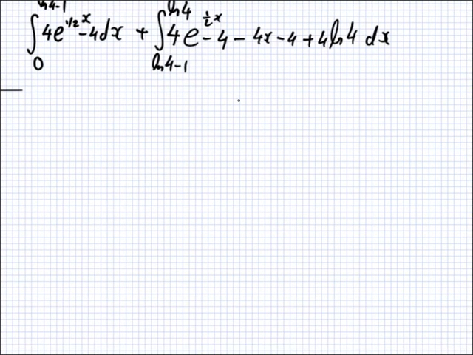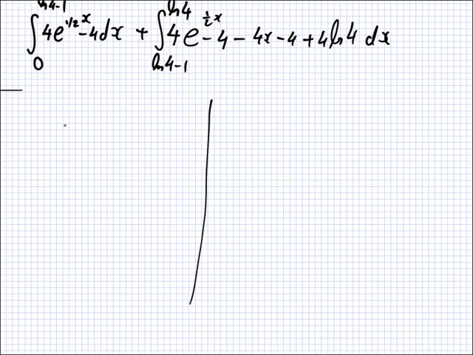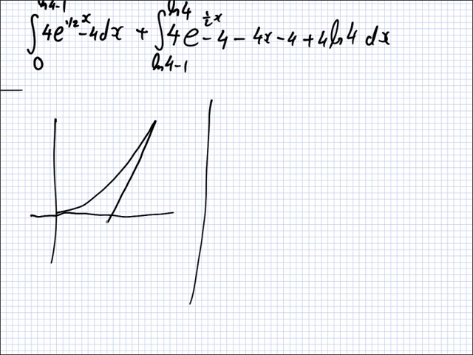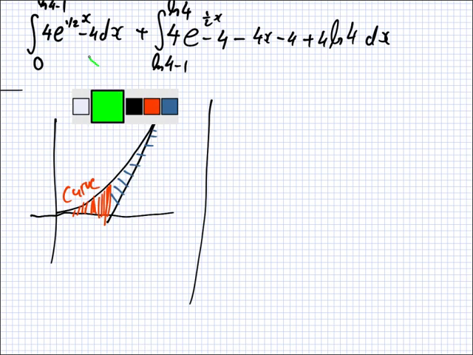Can everybody look up? I just want to be clear, there's two ways to think about this. You can think of it as first you get the area under the curve, and then you get the area between the curve and the line. So this is curve, then curve minus line.